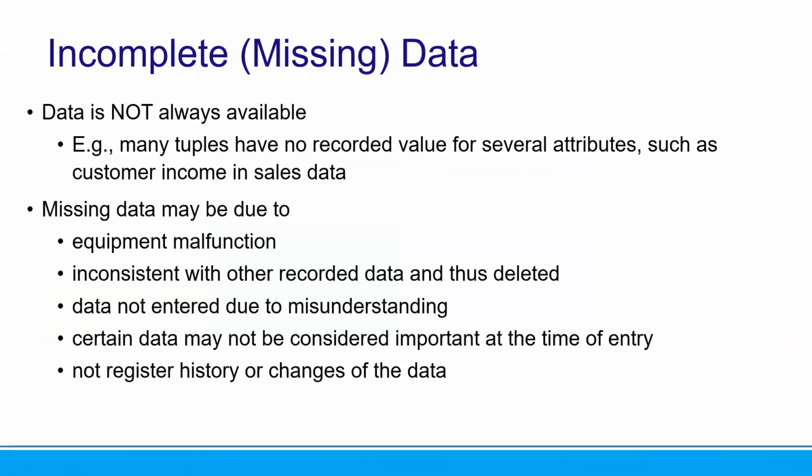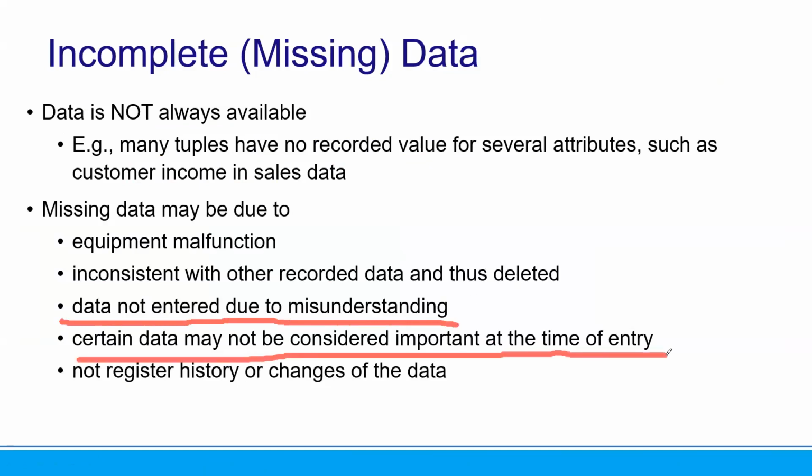Other kind of problems of missing data may be due to the equipment malfunction, as I mentioned before, equipment errors, or inconsistent with other recorded data and thus delayed. Data not entered due to misunderstanding. Certain data may not be considered important at the time of entry.